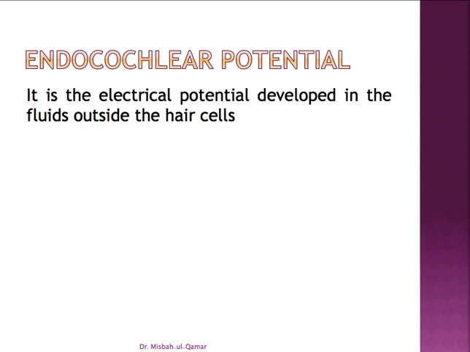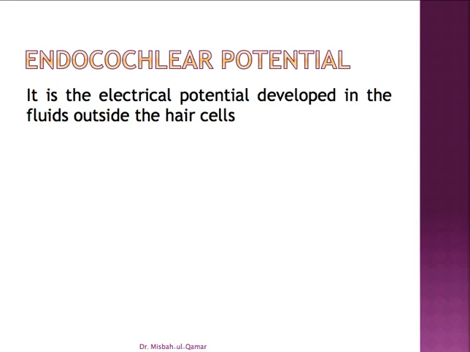And why is there this difference? This difference is basically due to the continuous excretion of the potassium ions by the stria vascularis into the scala media, right? So you see that there is a difference between the inside and the outside of the cells.